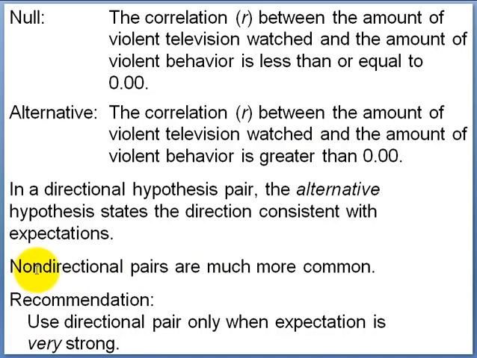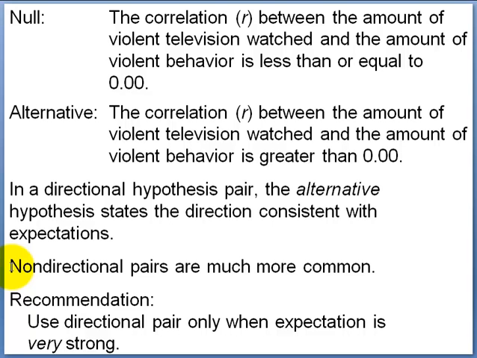Now, different researchers will disagree here, but it is indeed the case, and this is not up for debate, that non-directional pairs are much more common. I'm hard-pressed to give you a percentage, but I think perhaps 90 to 95% of the pairs that you see are non-directional.